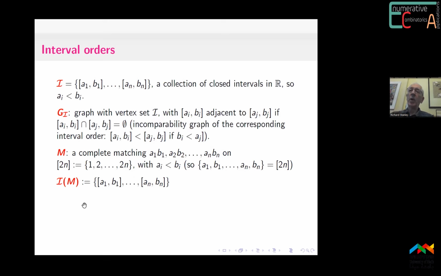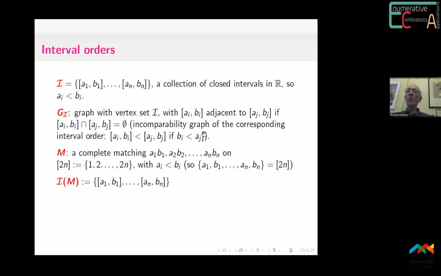Now I have to say something about interval orders. Let's say script I is a collection of closed intervals, let's say proper intervals, in the real numbers. So a_i is less than b_i. G_I is the graph whose vertex set is a set of these intervals, and two intervals are adjacent if, let's just say, their intersection is not empty, if they intersect.